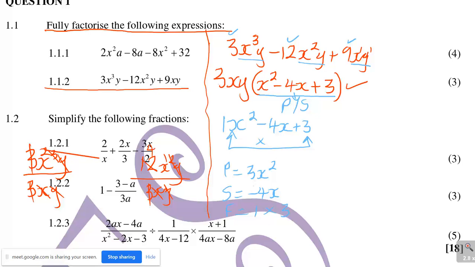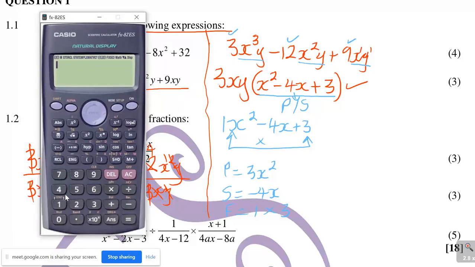Now we need a positive. In this case, we need a positive 3. So how many ways can we get a positive 3? It's only when both of the numbers are positive. Actually, no, I'm wrong. Let me use a calculator just to prove this. Look at this. It's 1 times 3 is 3. But now, if I say negative 3 times negative 3, two of them are negative, I still get a positive 3.